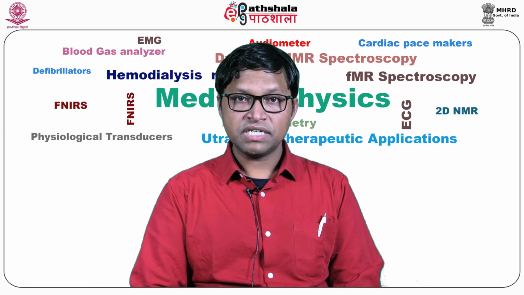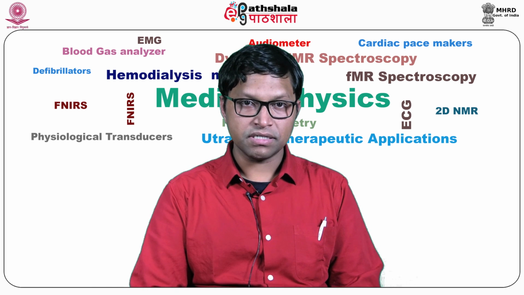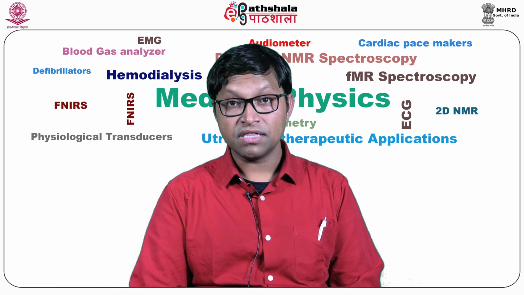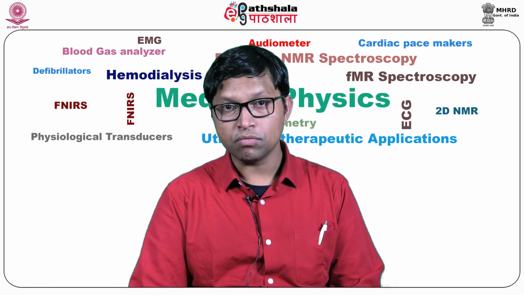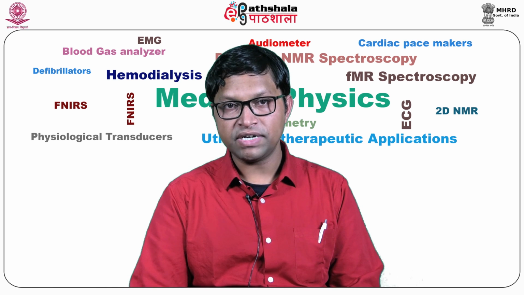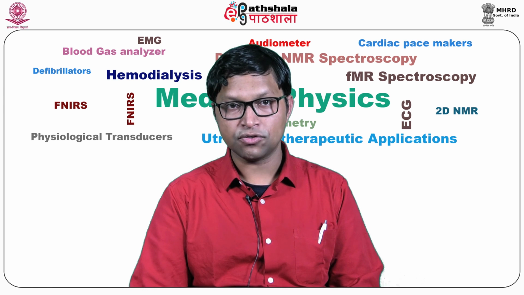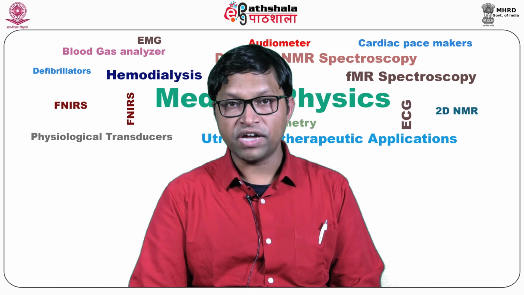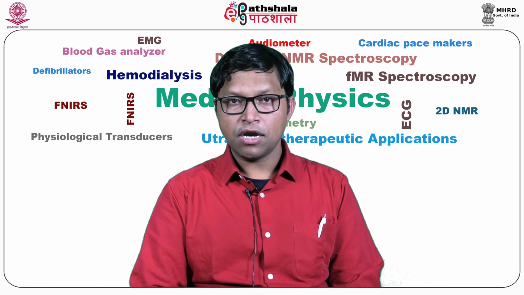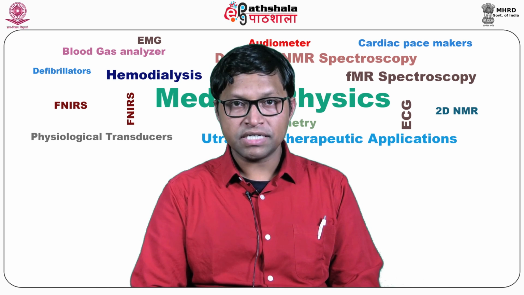Now, what happens if the media is homogeneous? The conductivity does not depend on the site of recording, but if the media is non-homogeneous, then the conductivities across various media and distance of the electrode and source play a very crucial role. Now, how do we understand these things?